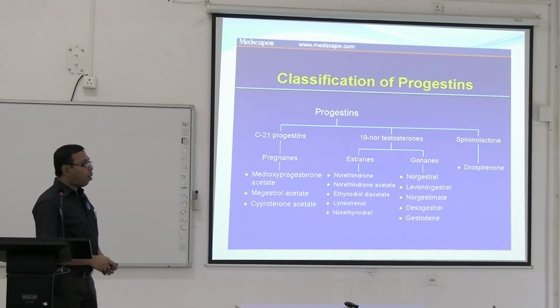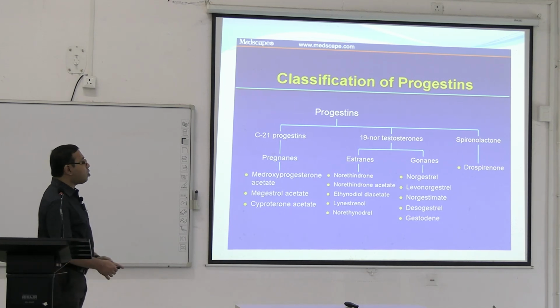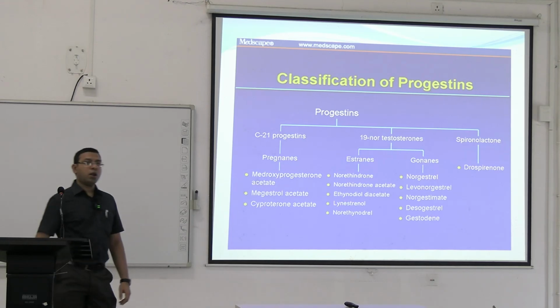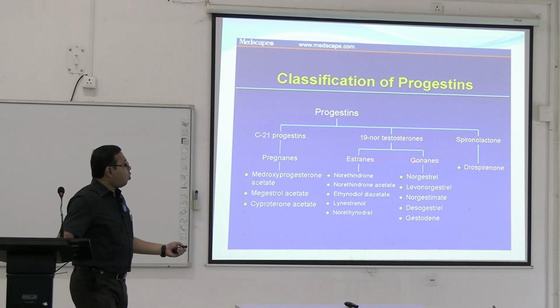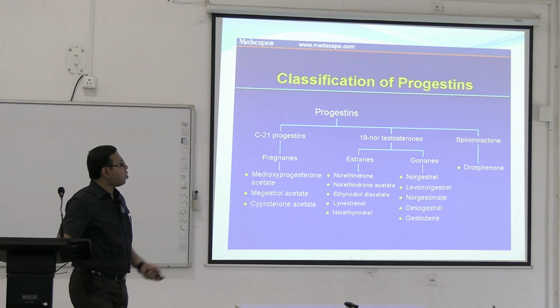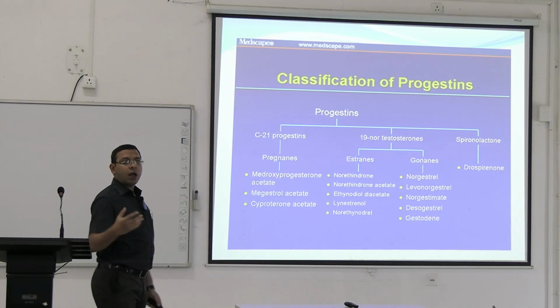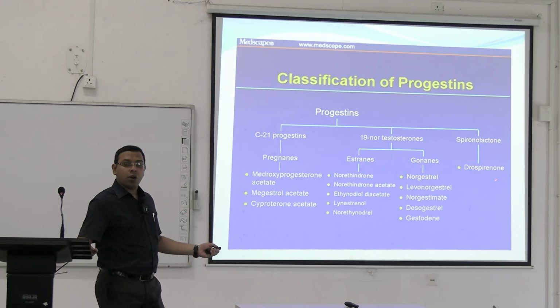The 19-nortestosterone compounds can be divided again into estranes and gonanes, like norethindrone acetate, ethynodiol, lynestrenol, norethynodrel. So these are the different estrane series progestins. And gonane series progestins are norgestrel, levonorgestrel, norgestimate, desogestrel, gestodene. And some spironolactone-like compounds also act as a progestin, like drospirenone.